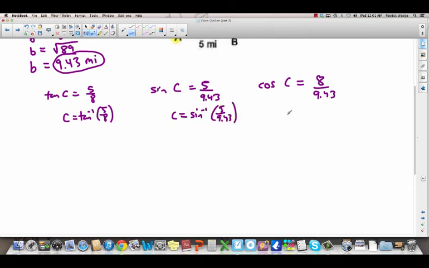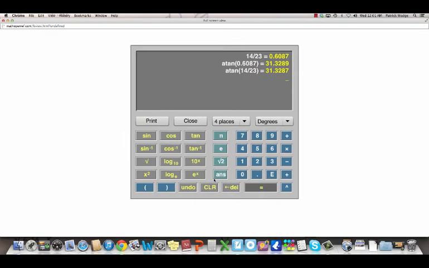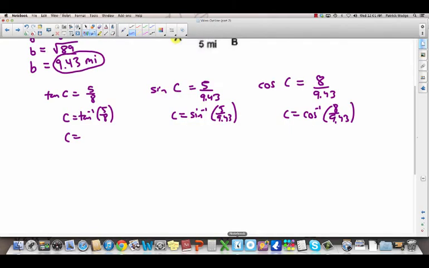If we were doing this one, C would equal inverse cos of 8 over 9.43. Alright, well let's do the first one. Inverse tan of 5 over 8. So we go to our calculator. Inverse tan of 5 divided by 8 equals 32.00, basically 32. So we'll put that down, 32 degrees.